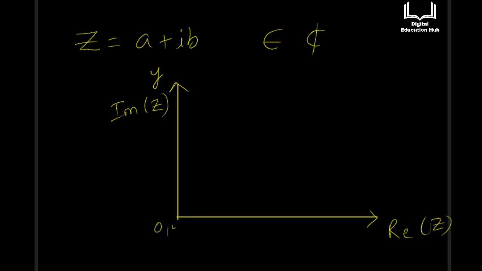So while drawing, we have a point, somewhere here we have a, and somewhere here we have this imaginary part.